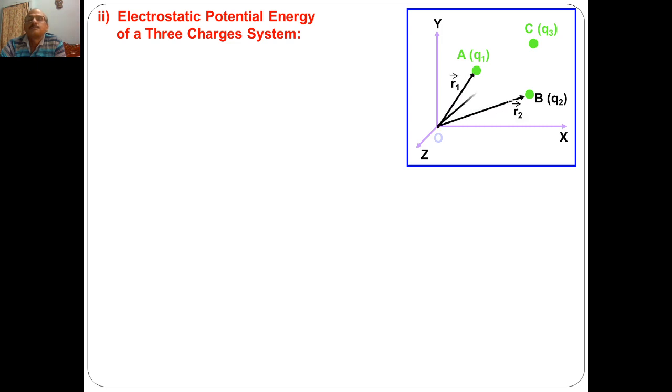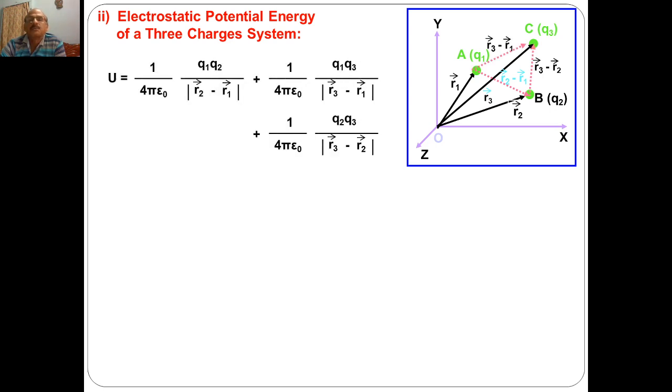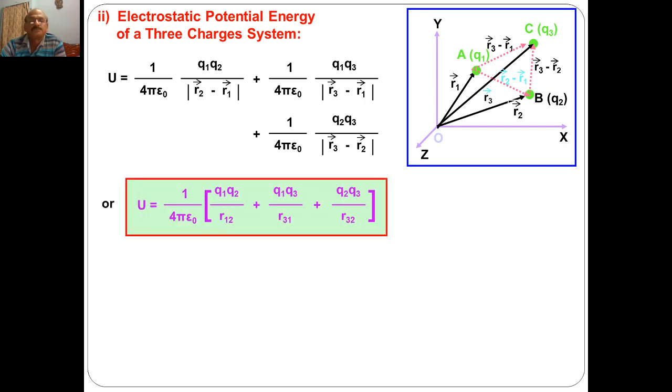So the total work done to assemble three charges will be 1 by 4 pi epsilon naught q1 q2 by r12 plus 1 by 4 pi epsilon naught q1 q3 by r13 and 1 by 4 pi epsilon naught q2 q3 by r23.